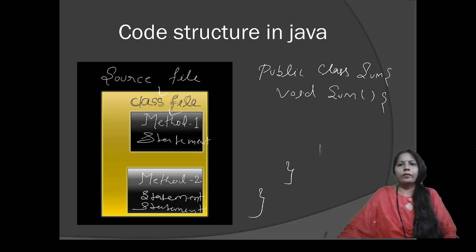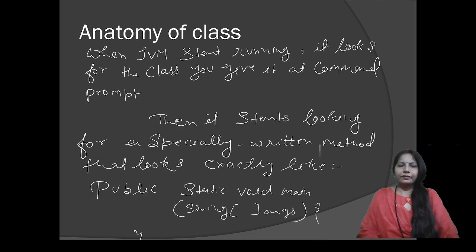Now the method holds multiple statements. Simple. Source file holds class, class holds method, and method holds multiple statements. Clear? Now focus on this anatomy of a class, the body structure of a class.